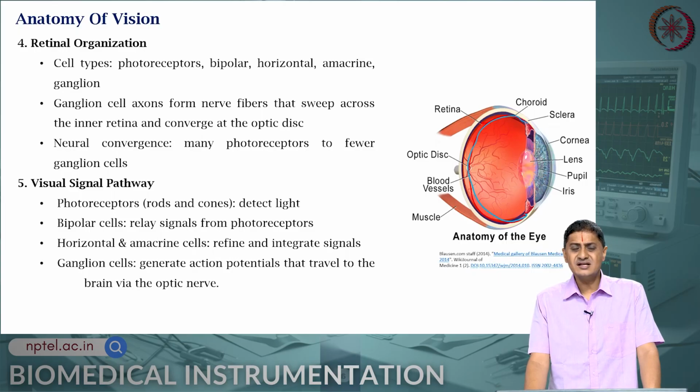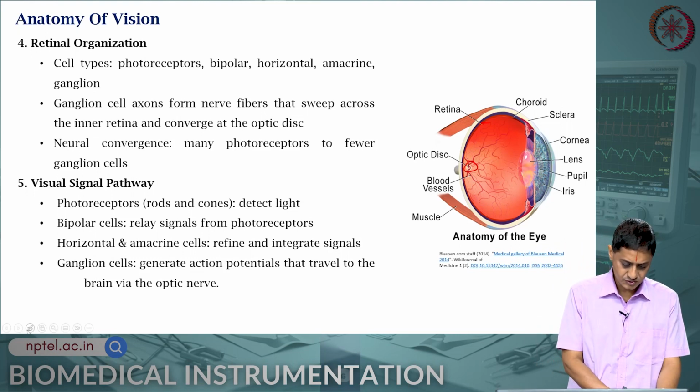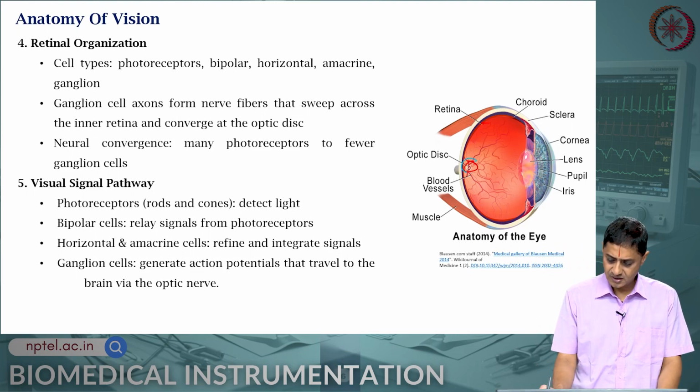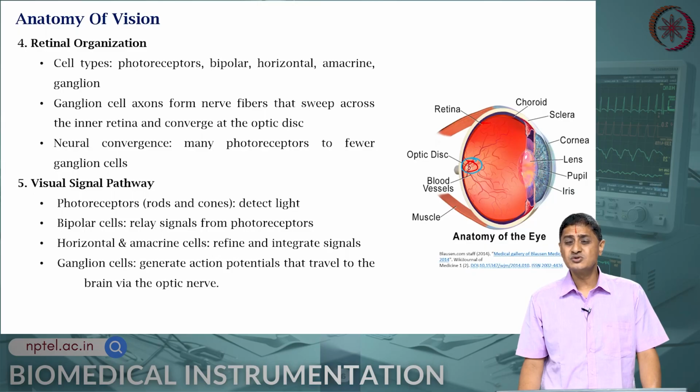These ganglion cell axons essentially form fibers that sweep the entire inner retina and converge at the optic disc. And there is a convergence that happens between many photoreceptors to a fewer ganglion cells.